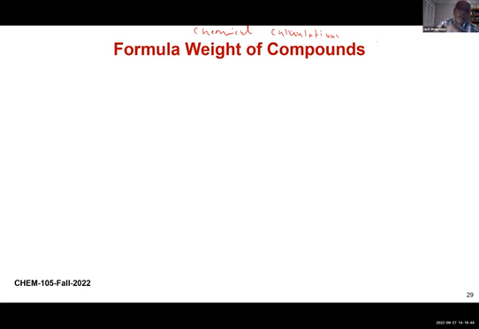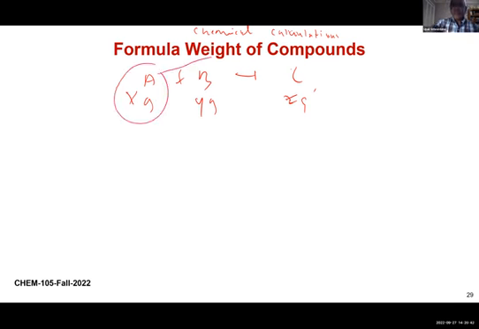Chemical calculations are when you use a chemical reaction, A plus B going to C. You use certain grams of A, certain grams of B. Let me write Y grams of B, C grams of C. Now, if you start with certain grams of A, you should be able to calculate how many grams of C is produced.